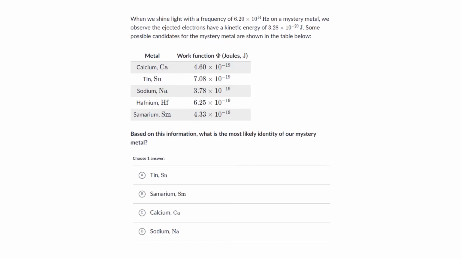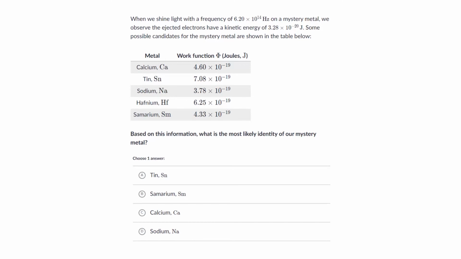For tin, 7.08 times 10 to the power of negative 19. Sodium, 3.78 times 10 to the power of negative 19. Hafnium, 6.25 times 10 to the power of negative 19. Samarium, 4.33 times 10 to the power of negative 19. Based on the information, what is the most likely identity of our mystery metal? So we have to choose between calcium, sodium, tin, and samarium.